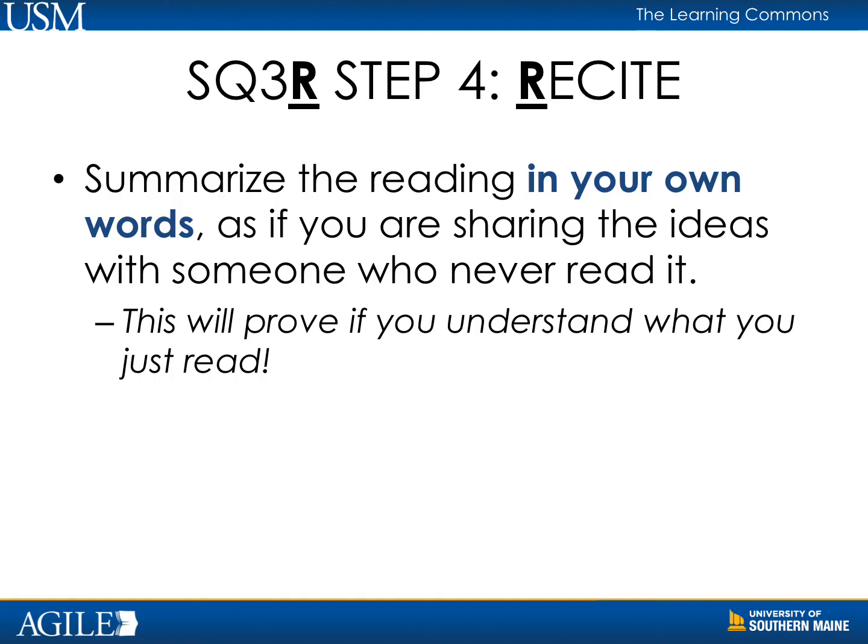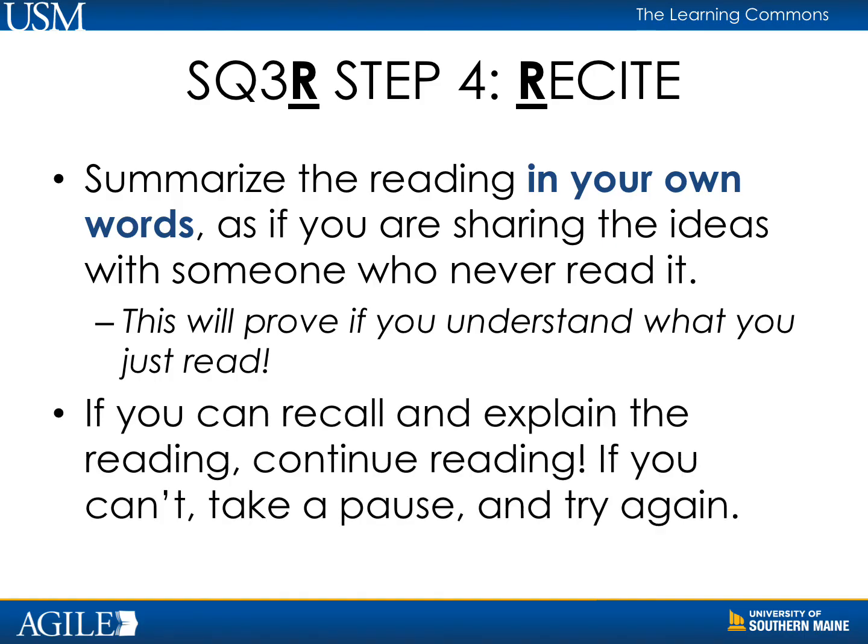If you're able to recall and explain the key information, this means you're reading effectively and you can move on to the next step. If you can't summarize what you just read, don't read any further, since you have not taken away what you need from the reading. Perhaps you're distracted or fatigued and need to take a break. After a reset, try again by going and rereading before moving forward.